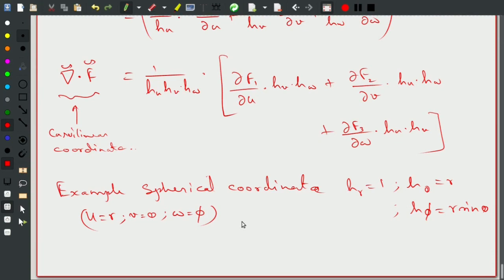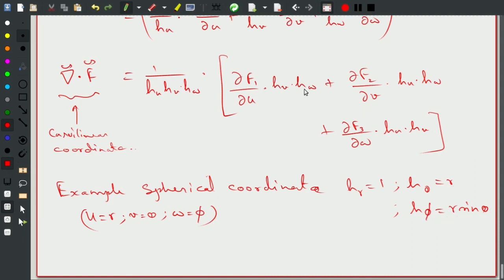let's try to find the divergence of this f vector in spherical coordinates using this generalized curvilinear coordinate formula. For spherical coordinates, we have h r equal to 1, h theta equal to r, and h phi equal to r sine theta.